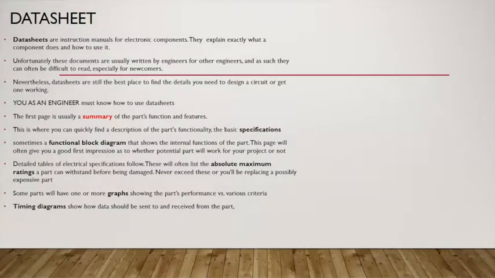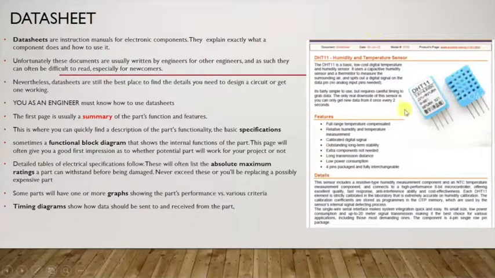Sometimes we need to read a datasheet. As an engineer, you must know how to use a datasheet. Datasheets are instruction manuals for electronic components. They explain exactly what the component does. For example, if we want to know how the DHT11, the temperature humidity sensor, works and how we can use it, we download its datasheet.